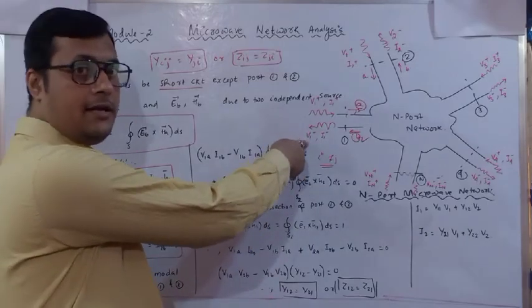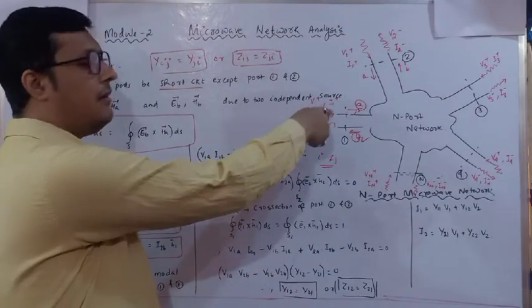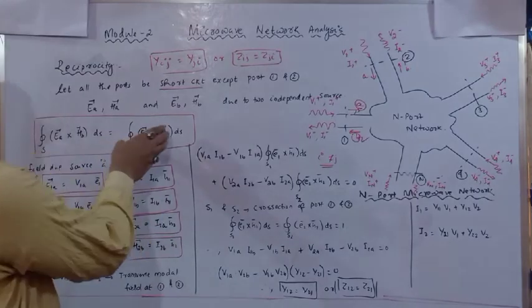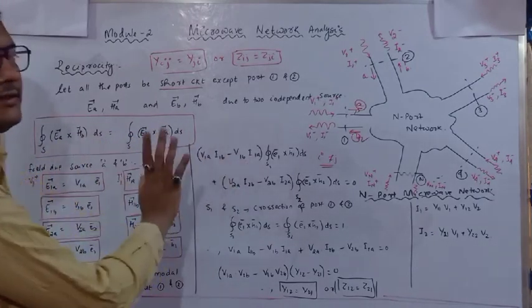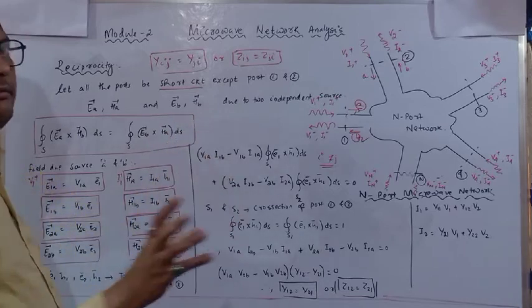V1B is the reflected potential and I1A is the incident current. It must satisfy. If you take this component to this side, it will be in minus. So here the minus sign is there, and the right hand side will be 0.